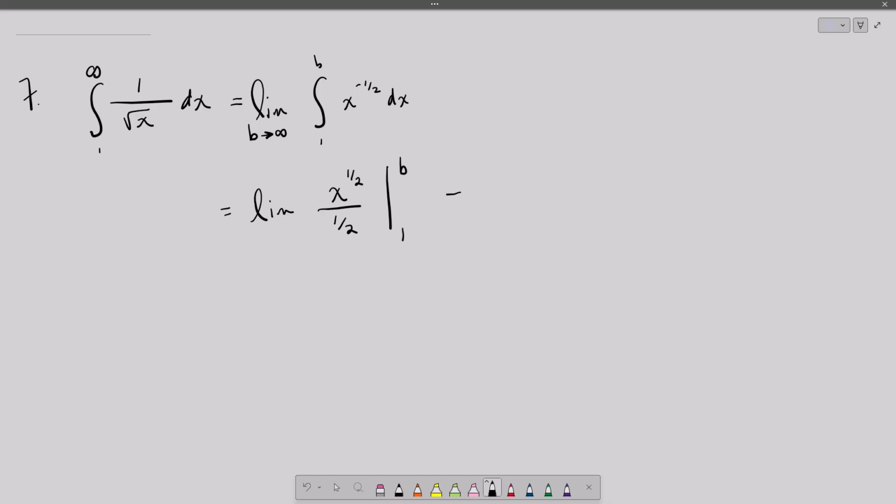So that 1/2 in the denominator becomes a 2 in the numerator, and we can factor it out to the front if we like. And then we plug in our limits of integration to the x. So we're going to have the square root of b minus the square root of 1. The square root of 1 is 1. And this limit is as b goes to infinity.